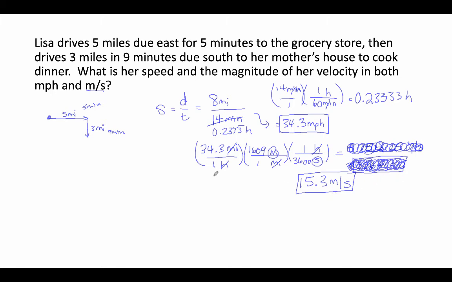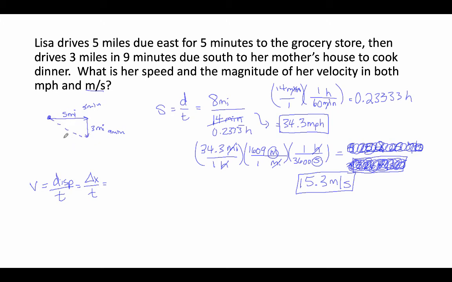Now let's look at velocity. Velocity is equal to displacement divided by time, which is change in position divided by time. So what was our change in position? We started here, we ended up here. Pythagorean theorem, we did those. We have a right triangle.